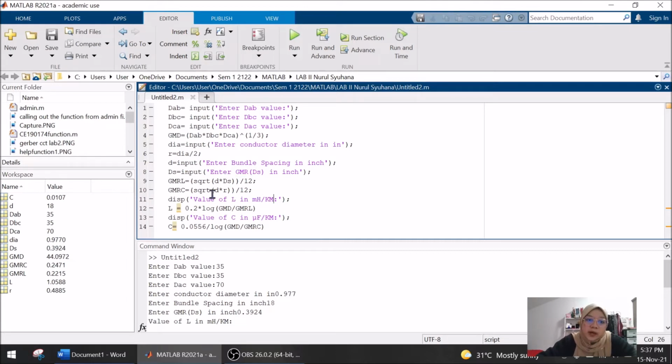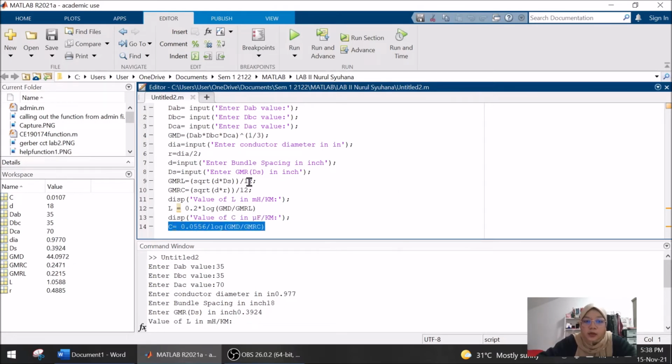This one is GMRC, and then this command is to display our inductance result. This is the formula of inductance. This is the command to display our answer, and here is the command to display our capacitance value, and we just need to put the capacitance formula here.